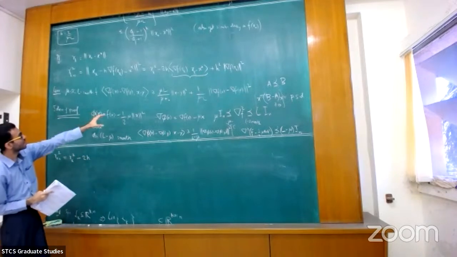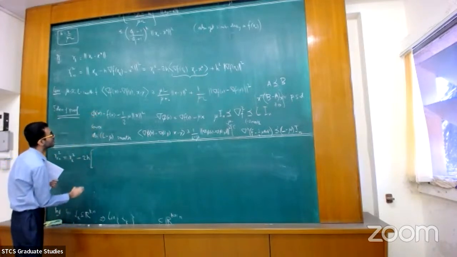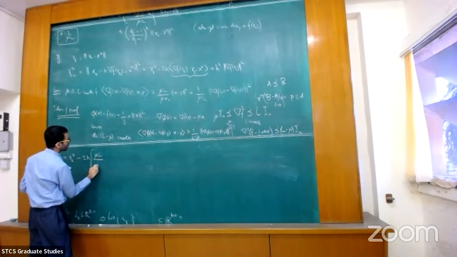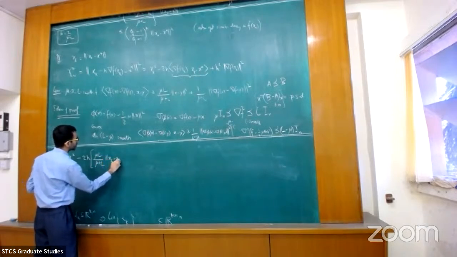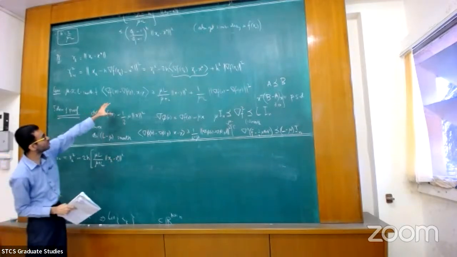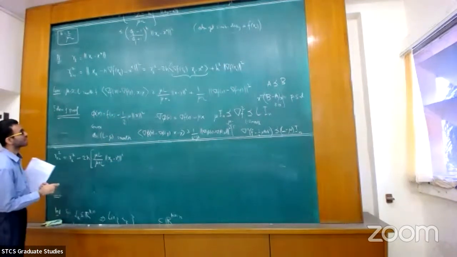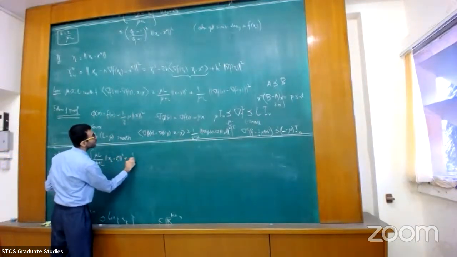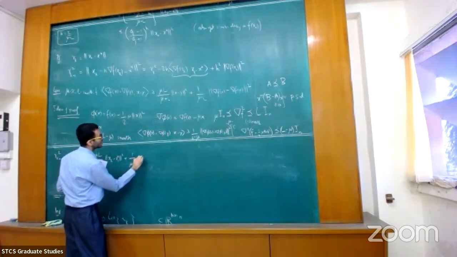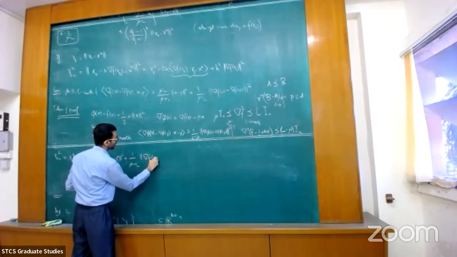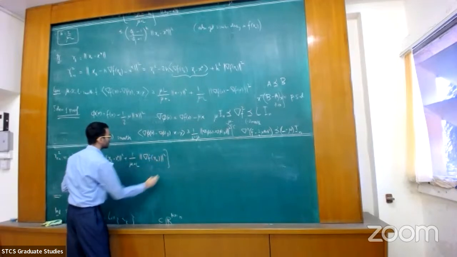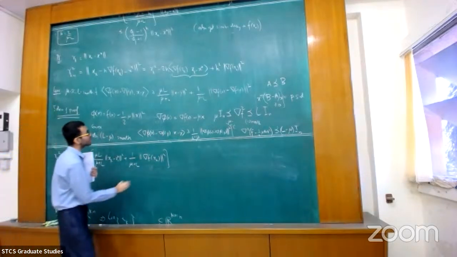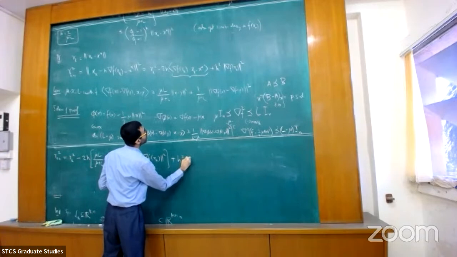Let's use that, and here I will get mu L over mu plus L times the norm of x_k minus x star squared. Remember, I am plugging x equal to x_k and y equal to x star, plus 1 over mu plus L times the gradient at x_k squared, but the gradient is 0 at x star.